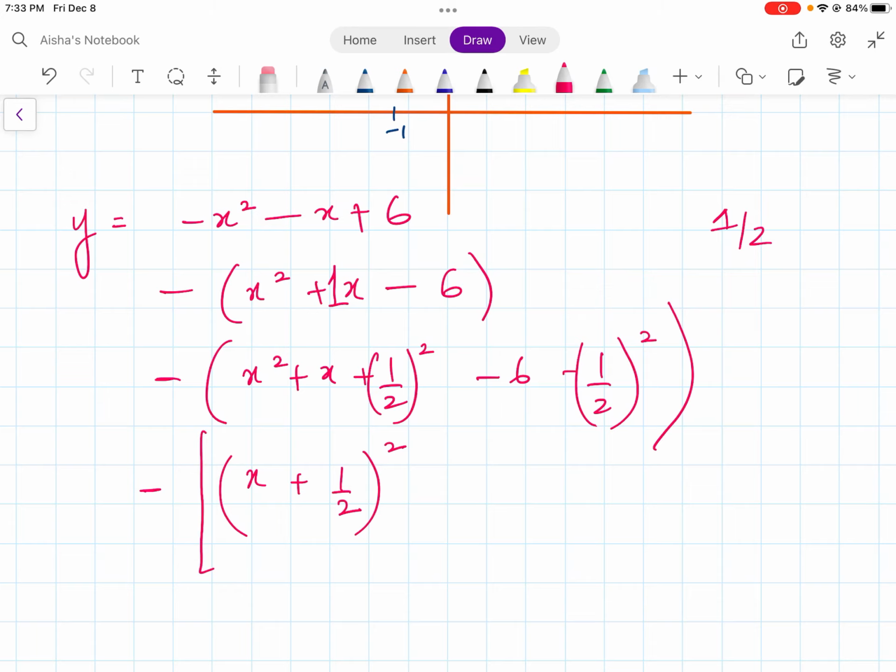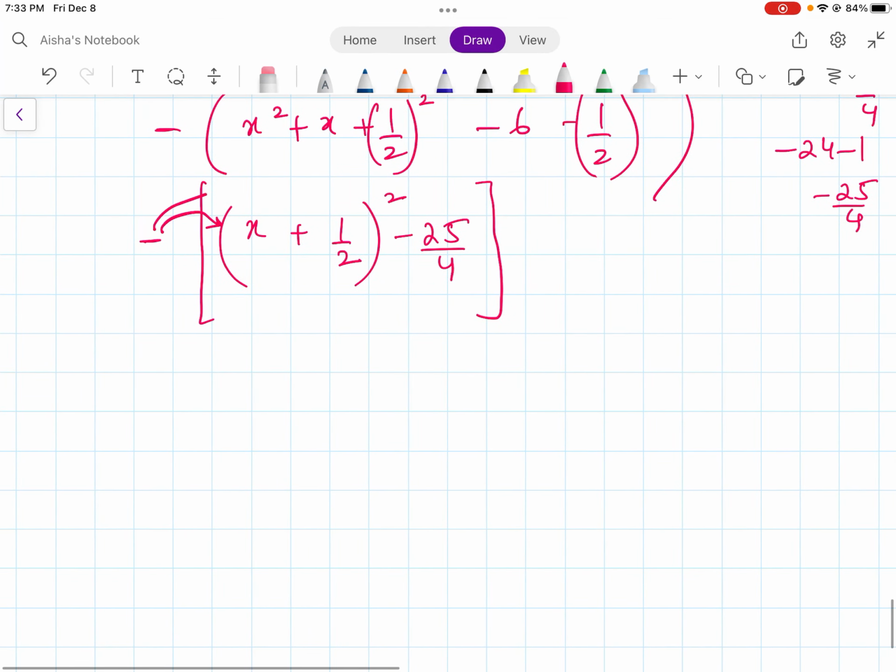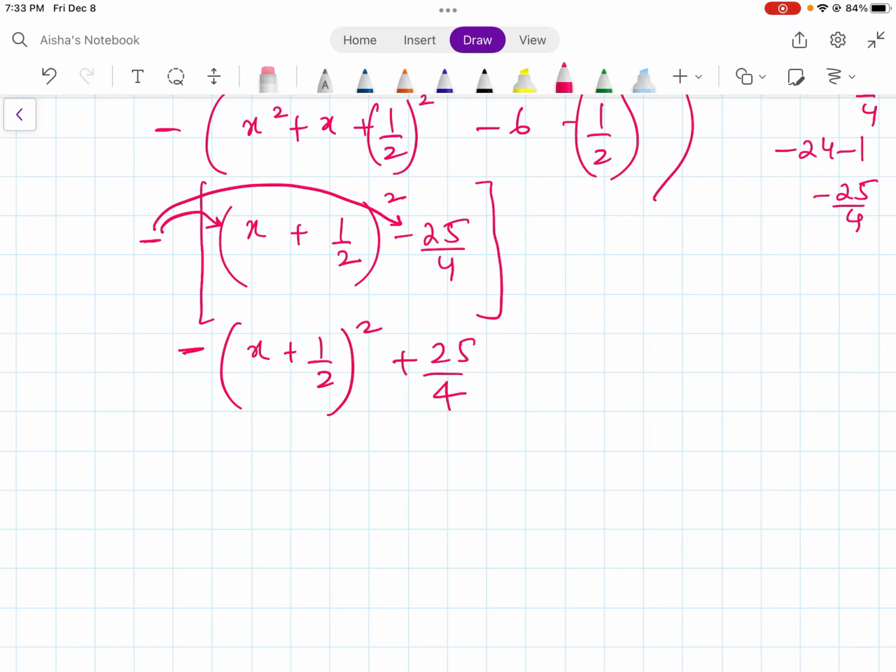This minus will remain outside. Minus 6 minus 1 upon 4, minus 24 minus 1, minus 25 upon 4. ये माइनस साइन को इससे भी मल्टीप्लाई किया और इससे भी मल्टीप्लाई किया. सो माइनस, प्लस.